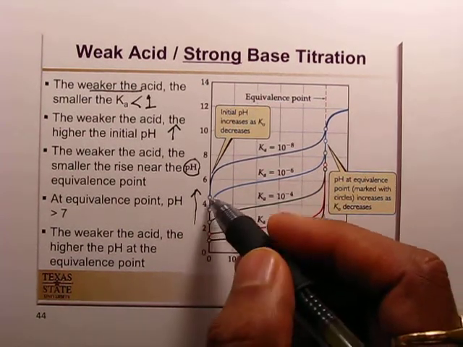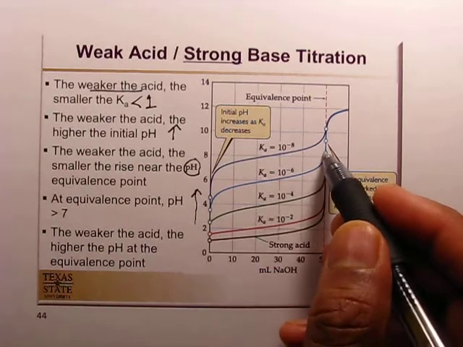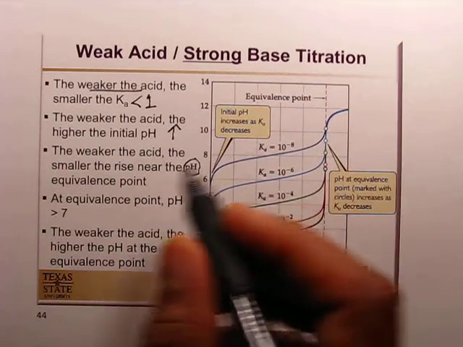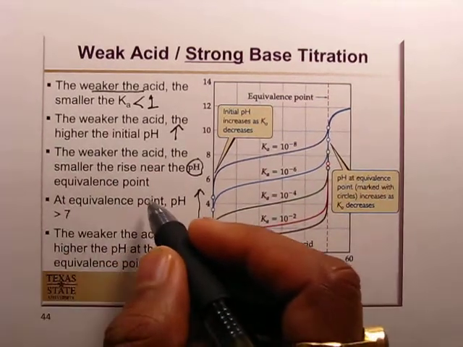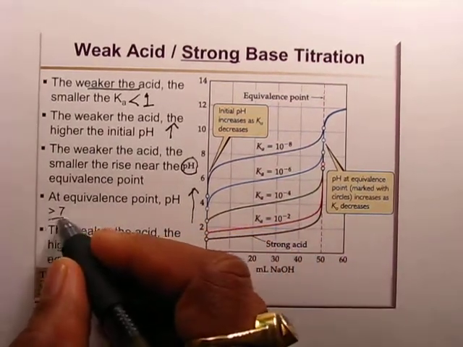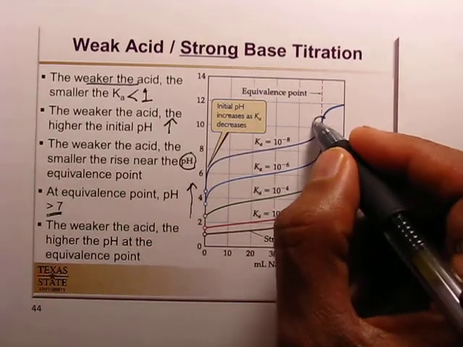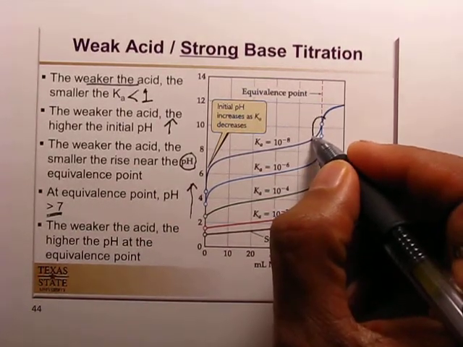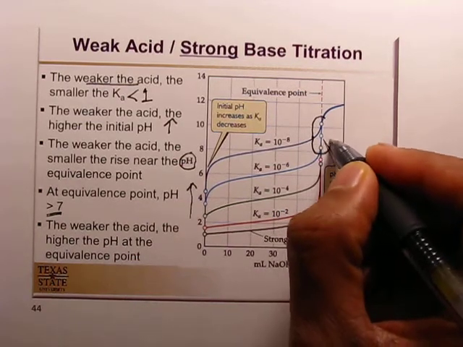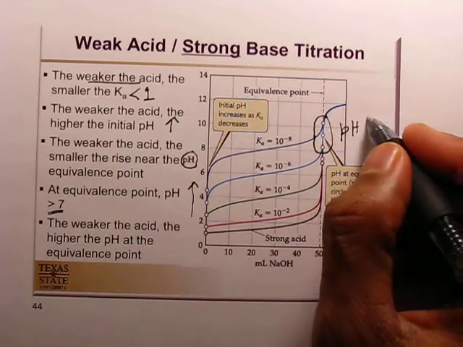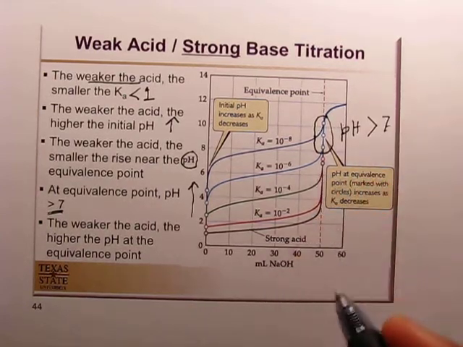As we go to the weaker acid, their equivalence points rise slowly toward the basic pH, right? So at the equivalence point the pH will be more than 7. We can say that for these at least 3 equivalence points, the pH is more than 7.